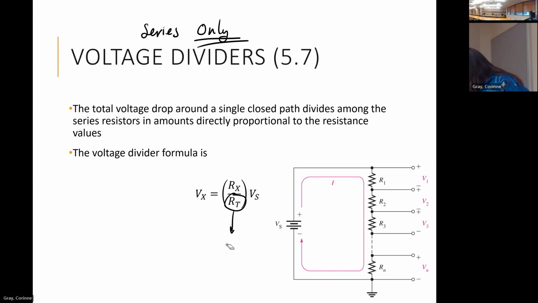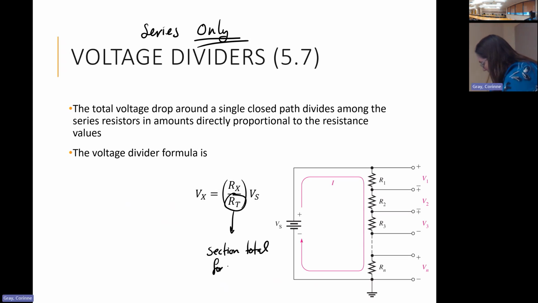So let's call this the section total, or resistors in series. Rx is the one we care about, and Vs here is, if we only have series, the source, but it is the voltage across all of those resistors in series.